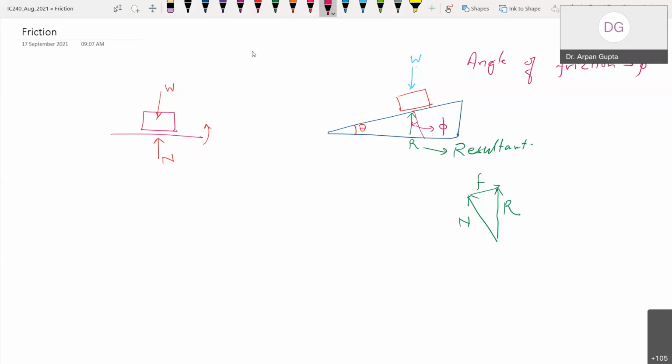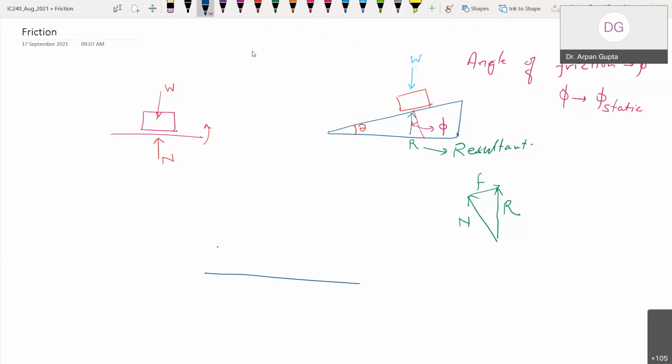Now, this angle phi can be increased to a maximum value phi s, where s stands for static. So we can have the block in equilibrium as we increase theta.